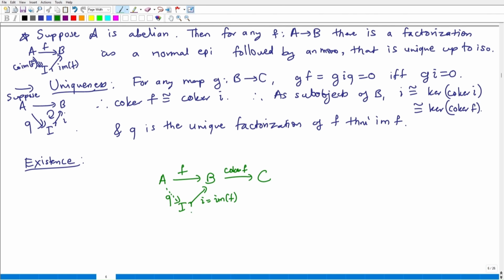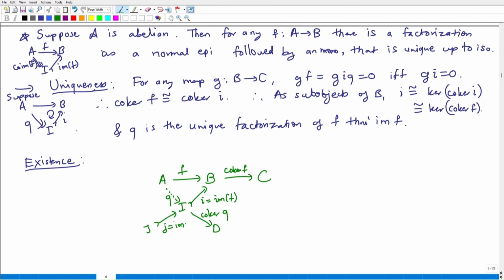From Q, I can construct its own co-kernel. So this is my co-kernel of Q. What do we need to show? That this particular co-kernel is 0. But at the same time, I can also take the kernel of this. So J, this is a mono, obviously.